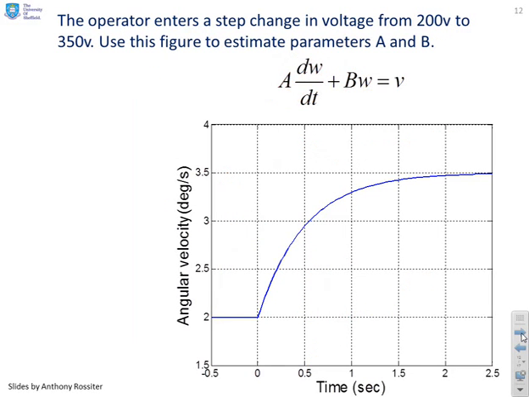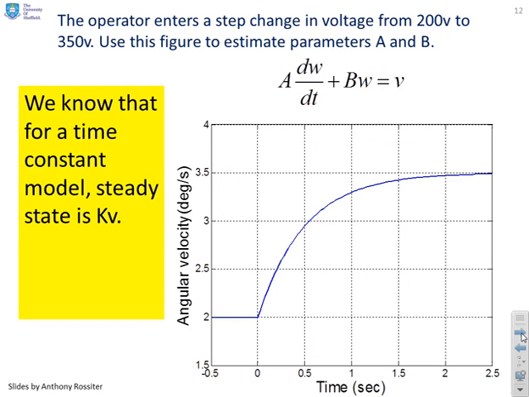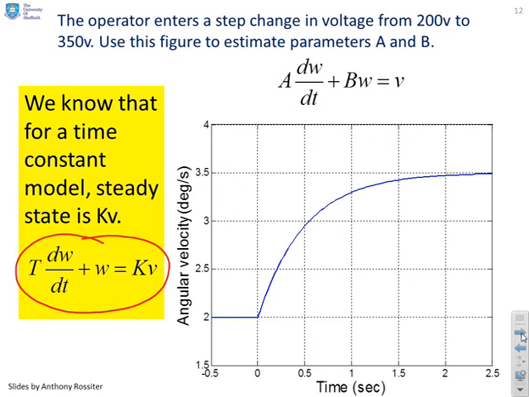Let's carry on then. Next, what we're going to do is say, okay, can we do something about the steady state? If the model is in time constant form, again I've put the time constant form down there, then the steady state is given by this term here, kv. Well, I can see what the steady state is here. It's 3.5.